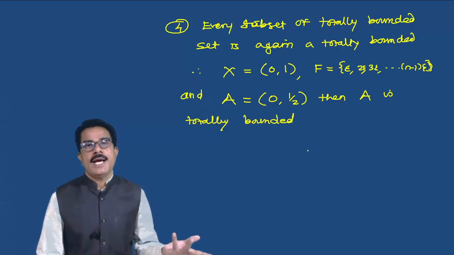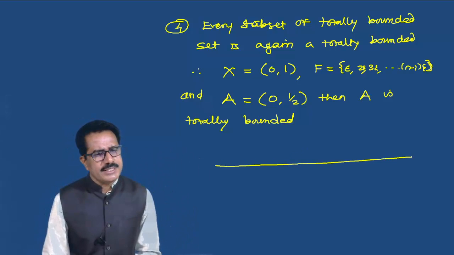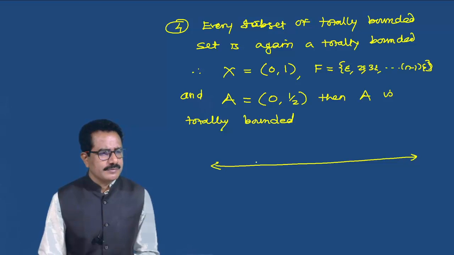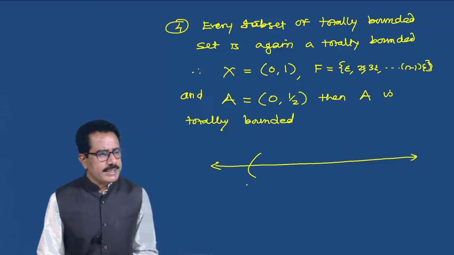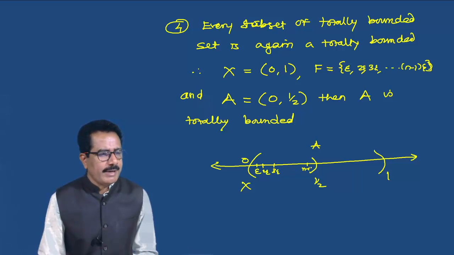Here this is also totally bounded. In this way we can take it. Suppose this is X, [0, 1], we can take another set A, [0, 1/2], so we can take epsilon, 2 epsilon, 3 epsilon, ..., (n minus 1) epsilon.